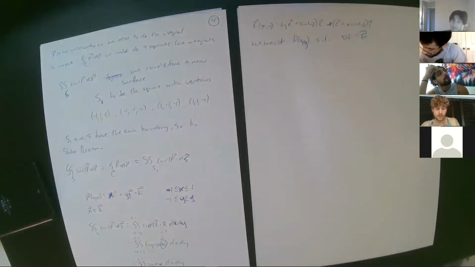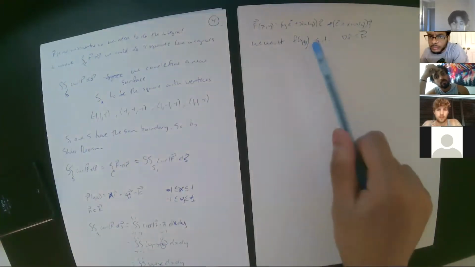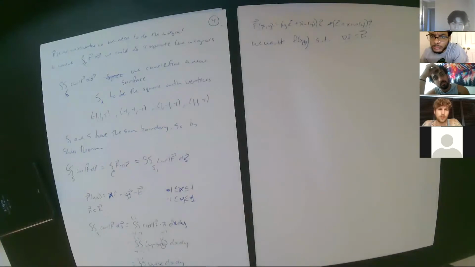If it doesn't exist and we keep looking, that's a problem. So we prove it's conservative. How do we prove it's conservative?